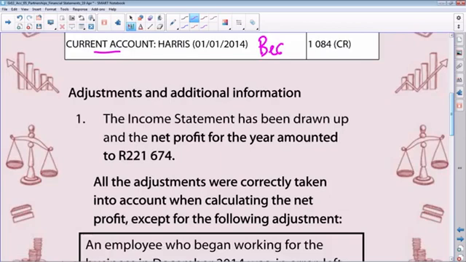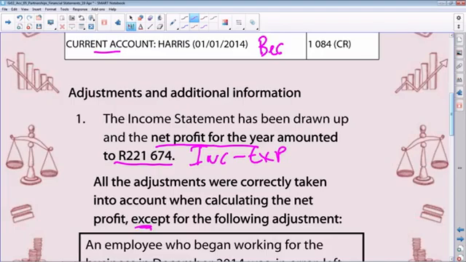The income statement has been drawn up, and the net profit for the year amounted to 221,674. So in other words, they've already taken our income minus our expenses, and they've worked out our net profit for the year. All the adjustments were correctly taken into account when calculating the net profit, except for the following adjustment.